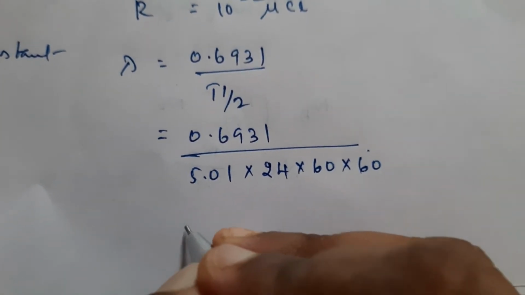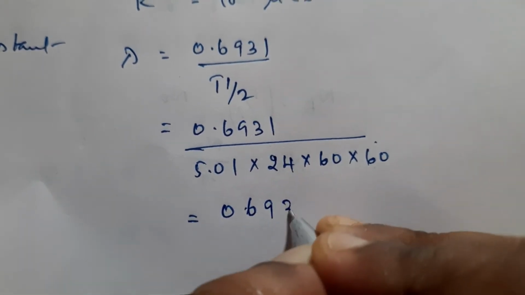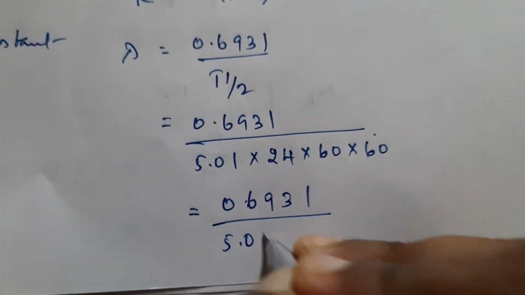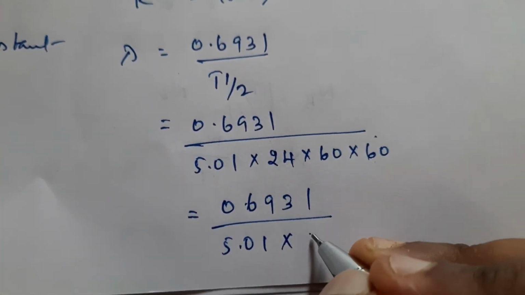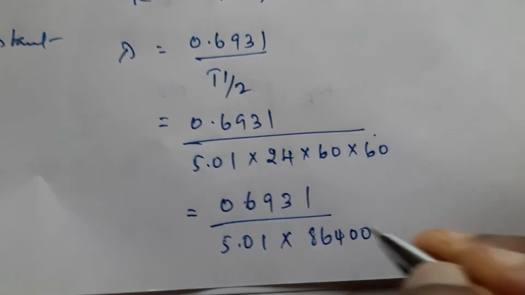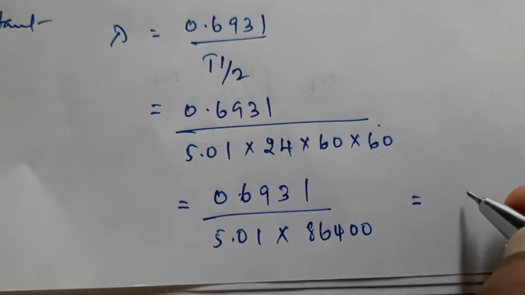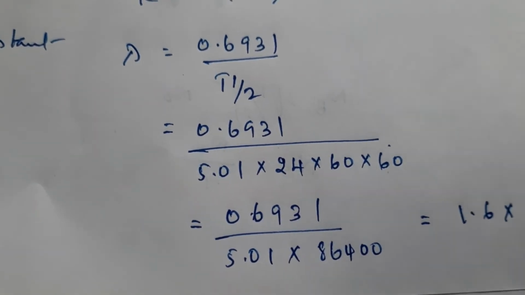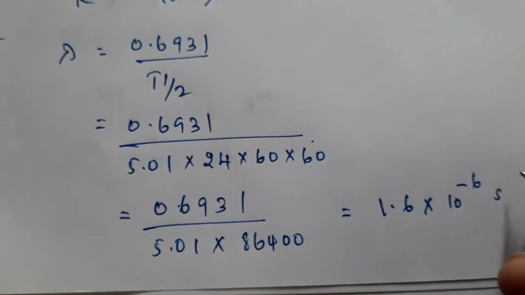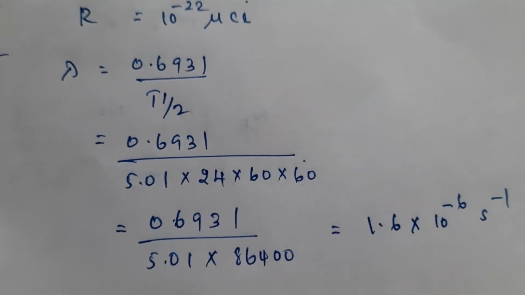So that is 0.6931 divided by 5.01 into 86,400. If you divide these values, you will get 1.6 into 10 raised to minus 6 per second.